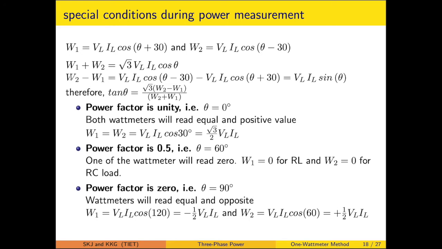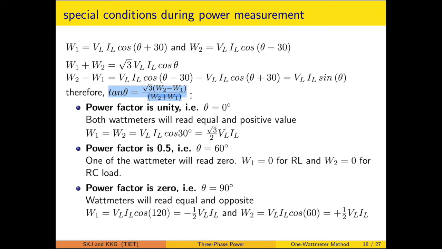W2 minus W1 is coming out to be VL into IL sine of theta. So you can make use of this sine relation and the cosine relation to yield the identity tan of theta is equal to root 3 times W2 minus W1 upon W2 plus W1.